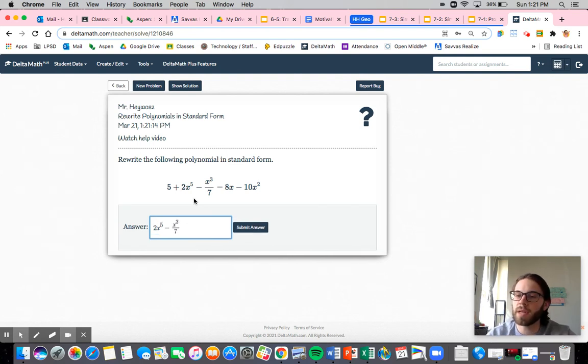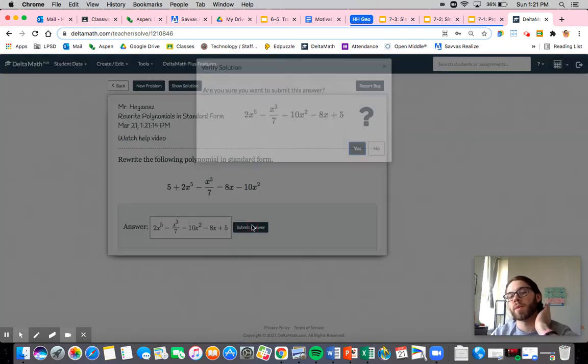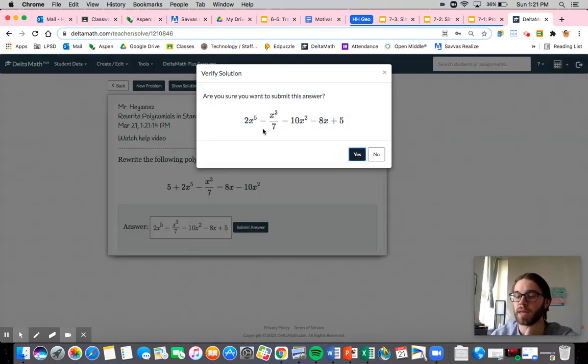Well, it's good to have them in the correct order for what we're going to do next with addition and subtraction, because you need to line things up. Okay? Minus 10x squared minus 8x plus 5. So obviously that can be a little tedious when you have large things like this quintic polynomial.